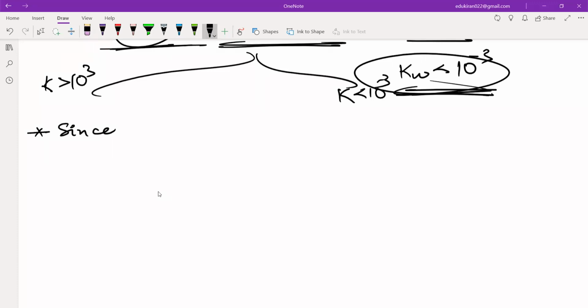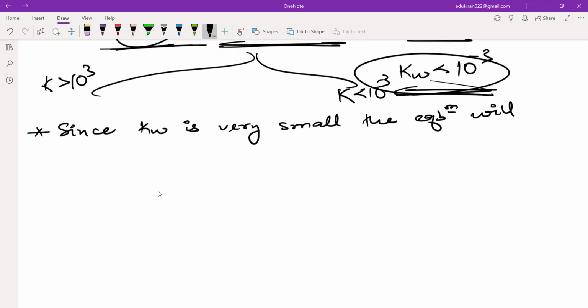You can write: since Kw is very small, the equilibrium will lie towards undissociated water.